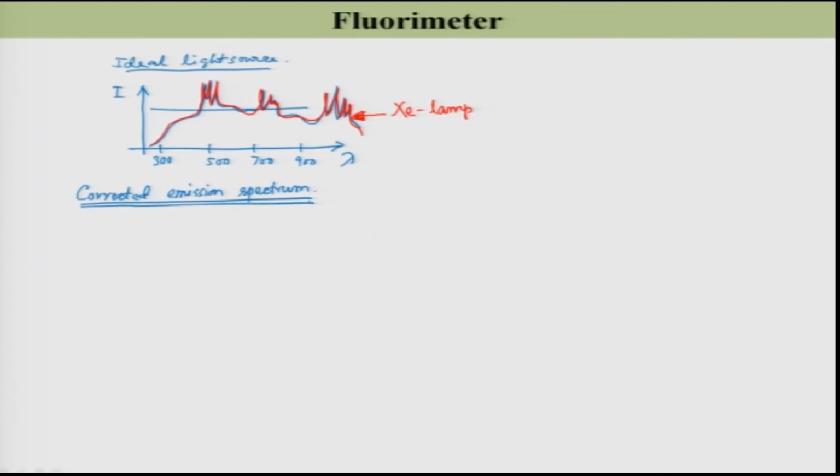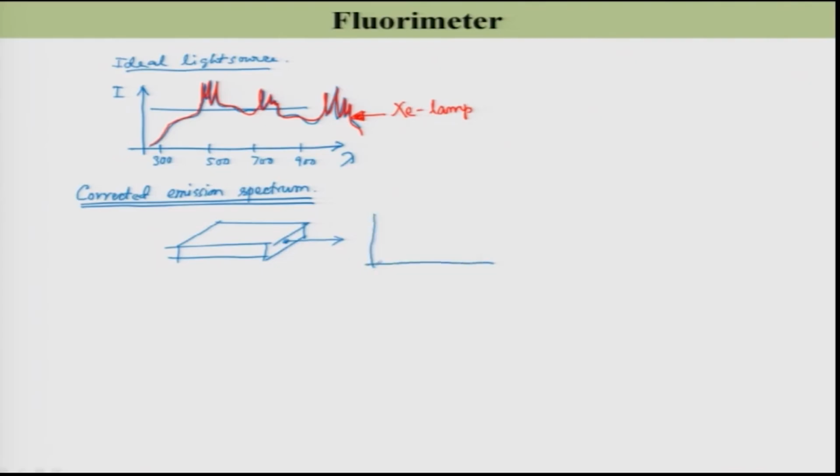You have to do something to get the correct emission spectra. So, let me give you one quick solution for that. Let us say that you have this fluorimeter in your lab. So, this is your fluorimeter, and from here you will get the emission spectra of a known molecule.